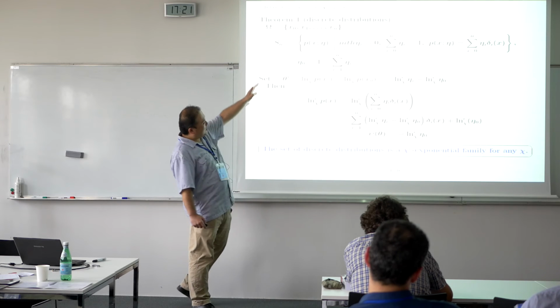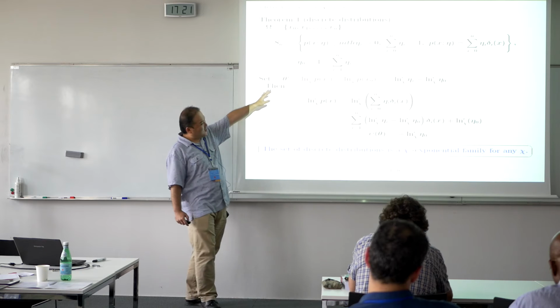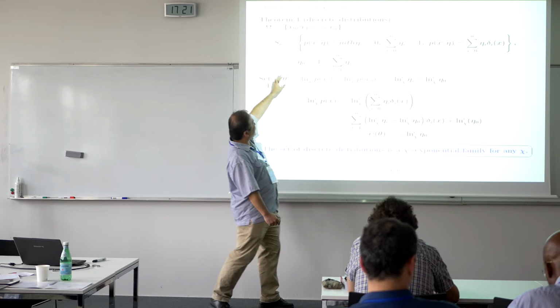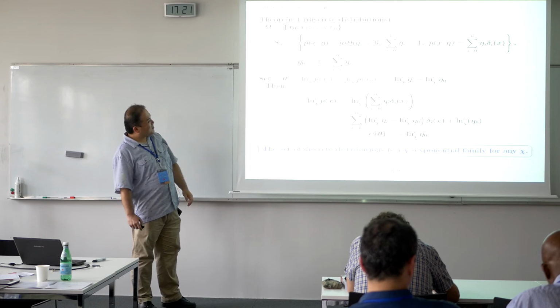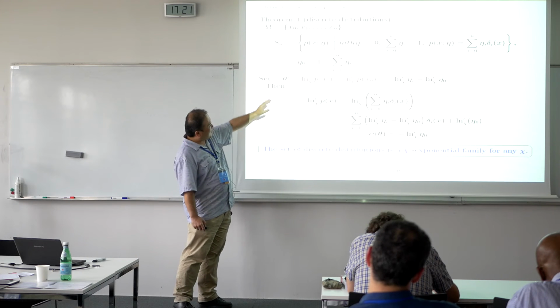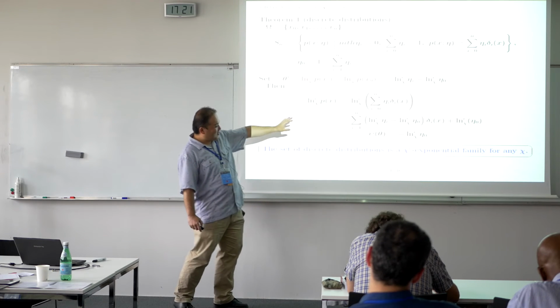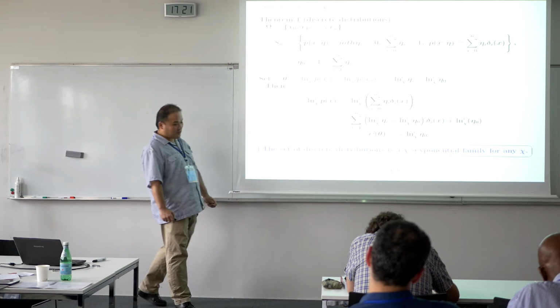And if we consider a discrete set, then the set of probability densities on a discrete set is always a chi-C deformed exponential family like this.